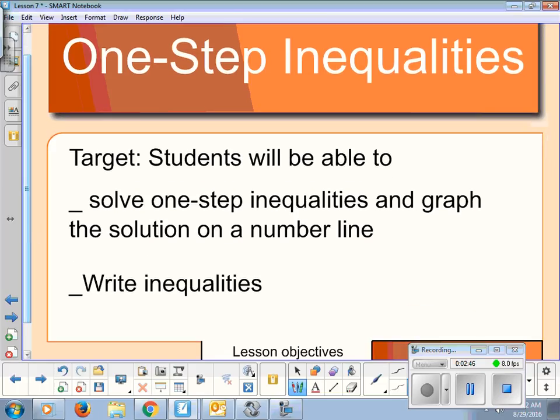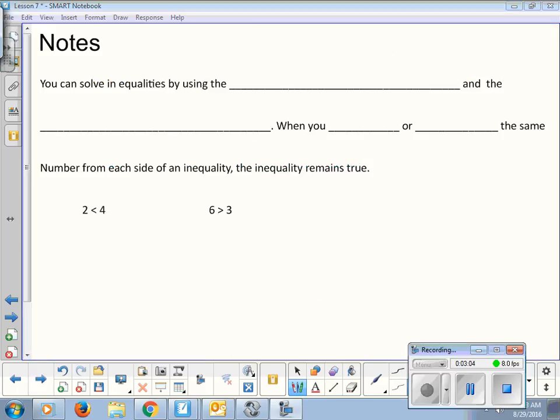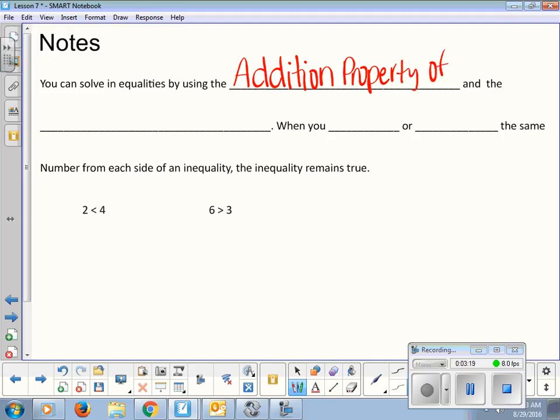Today's lesson is on one-step inequalities. We're going to focus on one-step inequalities by addition and subtraction. Your target is students will be able to solve one-step inequalities and graph a solution on a number line and write inequalities. Okay, for the notes, you can solve inequalities by using the addition property of inequalities and the subtraction property of inequalities.